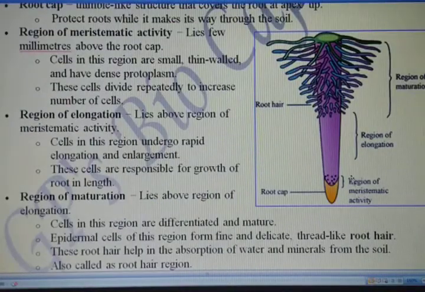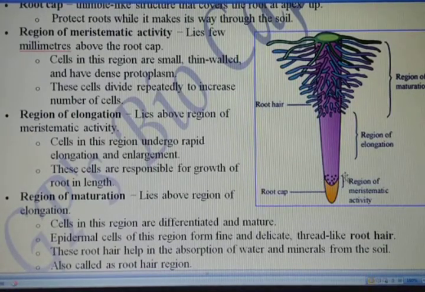So meristematic cells present over here at the tip make it the region of meristematic activity, and because of the addition of more cells, what happens? The root is going to grow or elongate, become longer in size, and just above the region of meristematic activity is located the region of elongation. See, after the cells have divided, a number of cells have been added at the tip here.